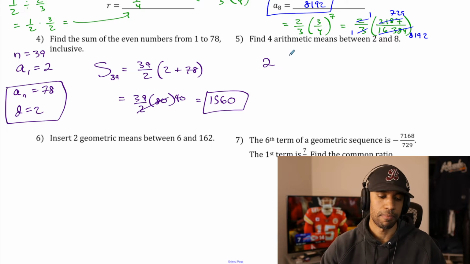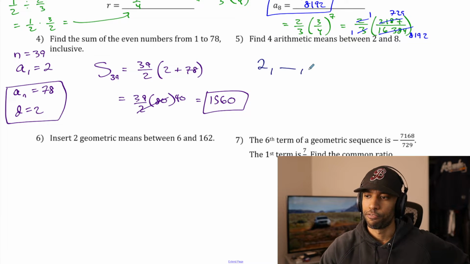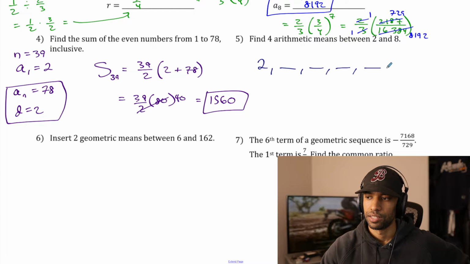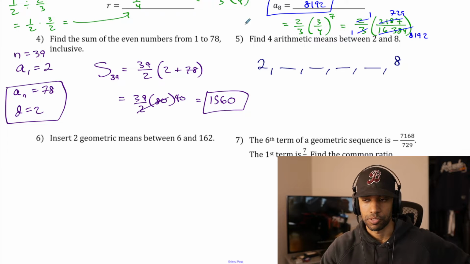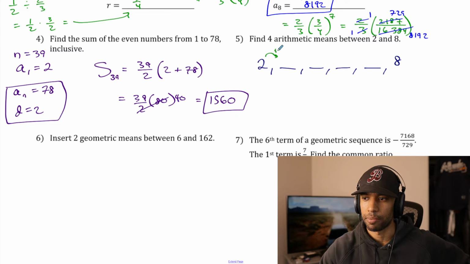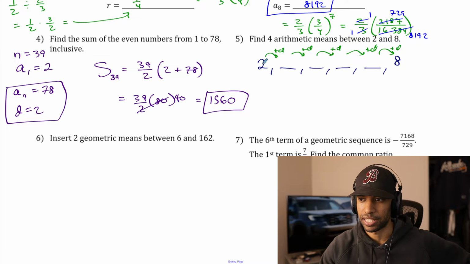That means that in some arithmetic sequence here, we have 2, and then there are 4 terms in between. Those 4 terms are empty, uncertain, but when we add some common difference over and over, eventually we get to 8. So my favorite way of doing it is recognizing how many times we have to add a common difference to get to 8.